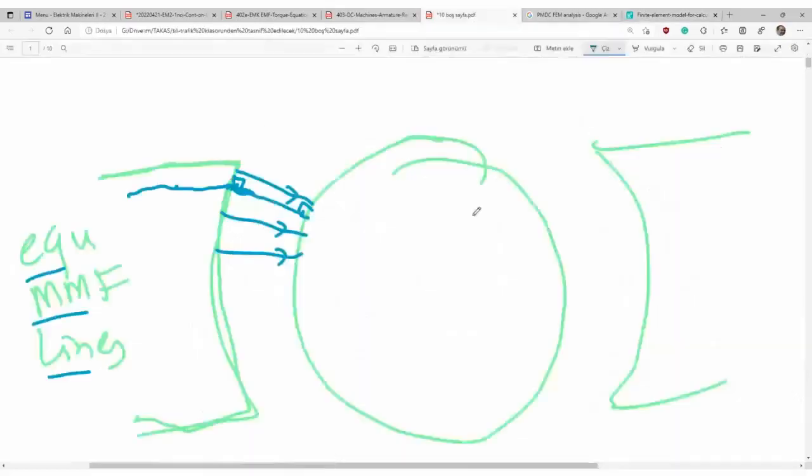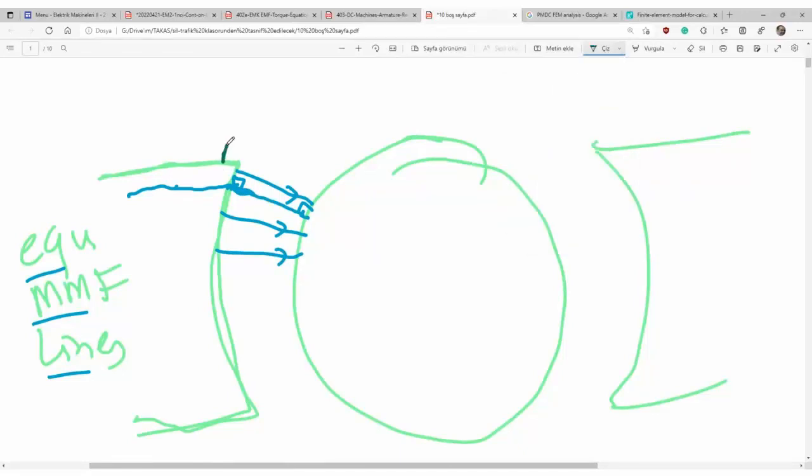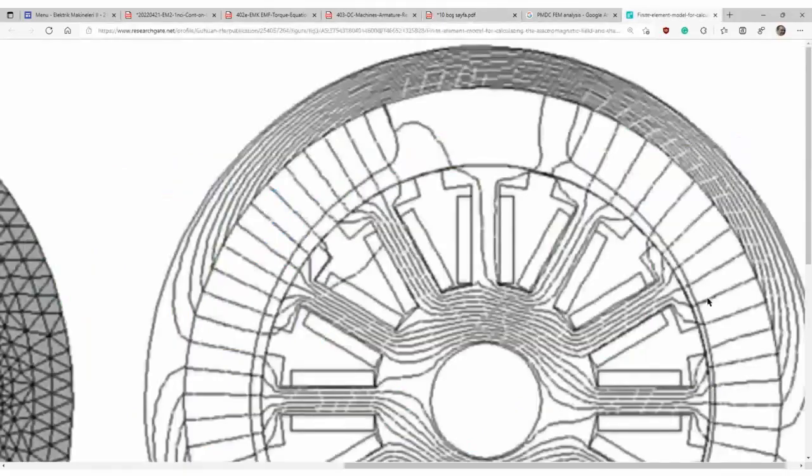Let me show you again. For example, here's a leakage flux. Leakage flux leaves perpendicular and then enters perpendicular. That is the general approach. You can easily estimate.